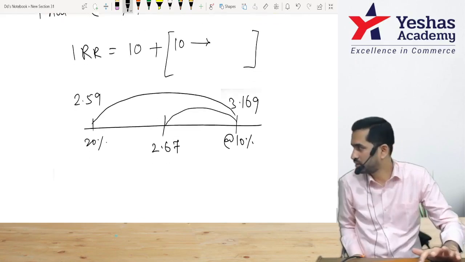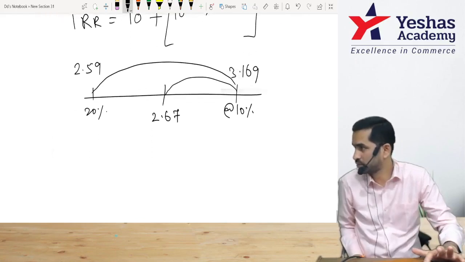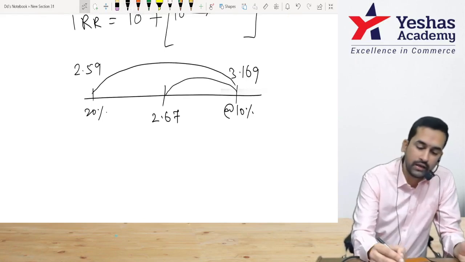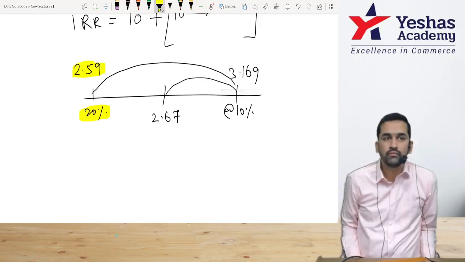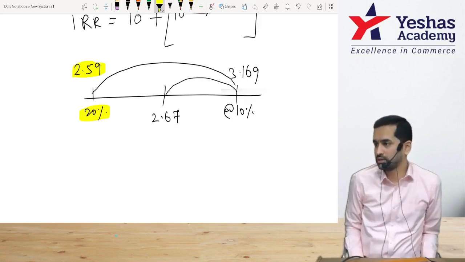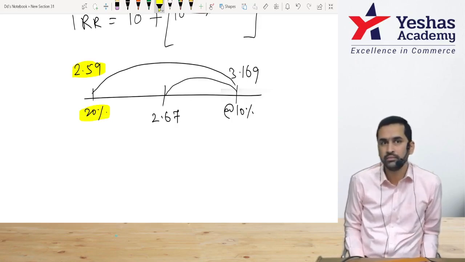If you want this, you can just write it as a class note at 20%. Those who want, copy this as a class note, not to be written in the exam.